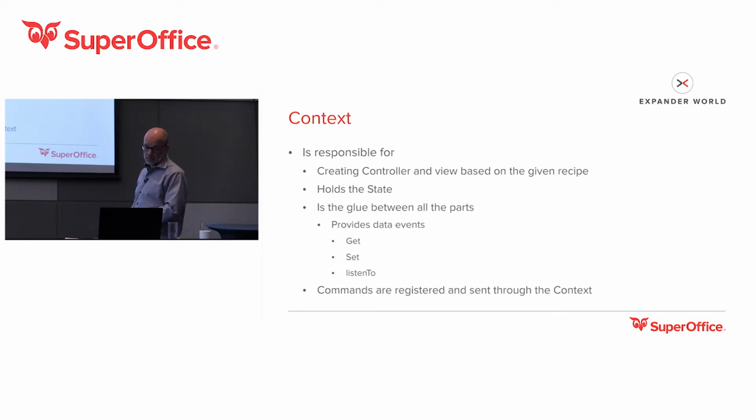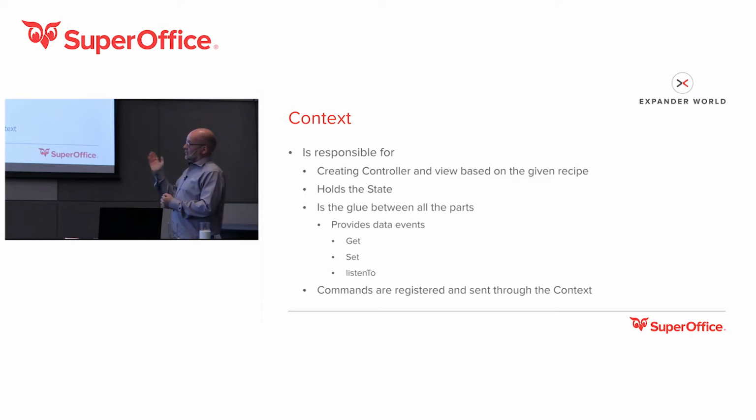So this is a summary of what context is. It creates a controller and a view based on the given recipe. It holds a state, which is the data, and it is the glue between the parts. So the context is the one that enables you to get data, set data, and gives you the possibility to listen to data changes.